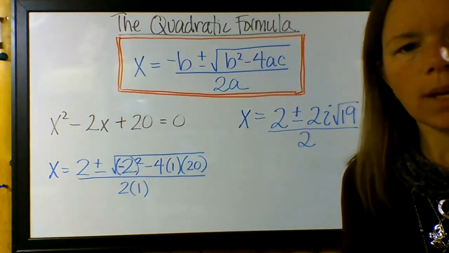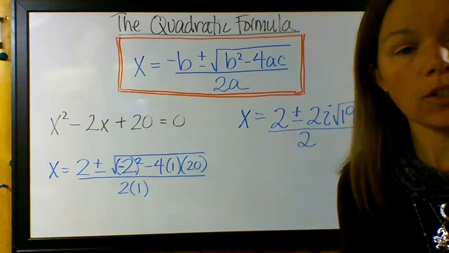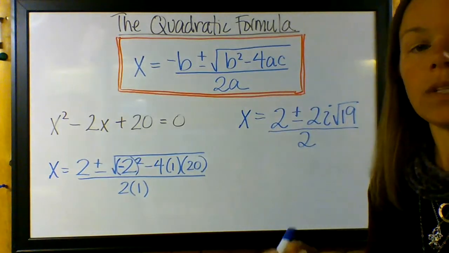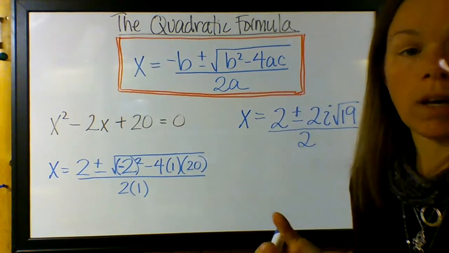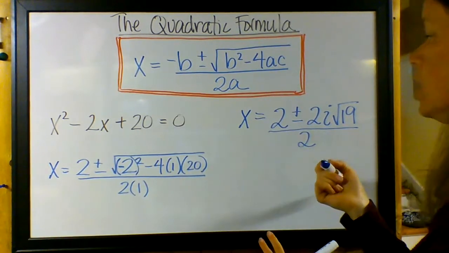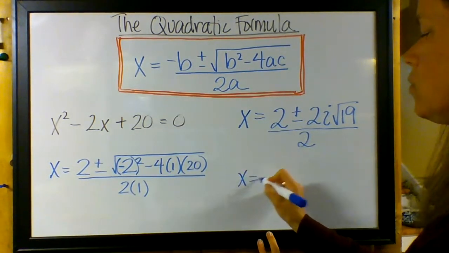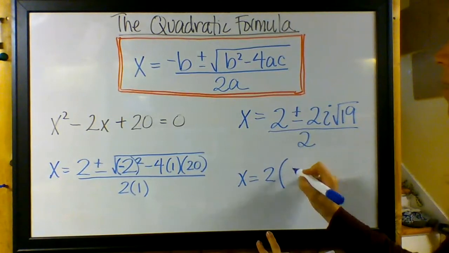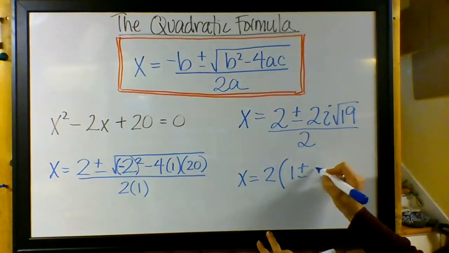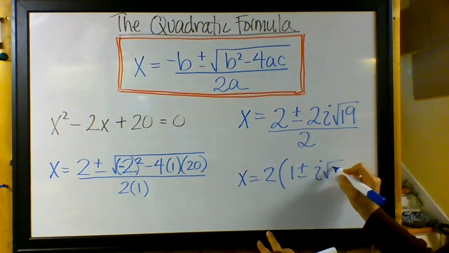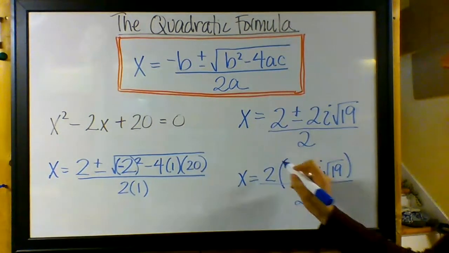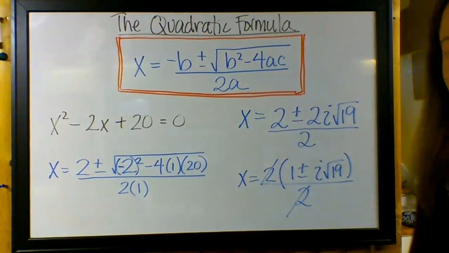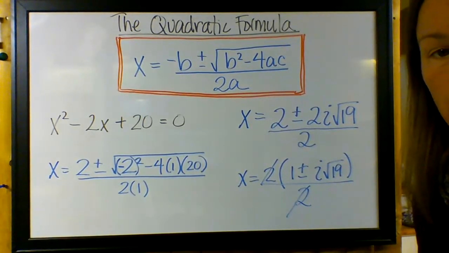Yesterday's assignment, I asked you to reduce this fraction too. And what we find out is that we need to reduce by factoring out a common factor in the numerator. So x here equals 2 times 1 plus or minus i root 19 all over 2. Okay, so those 2's cancel each other.